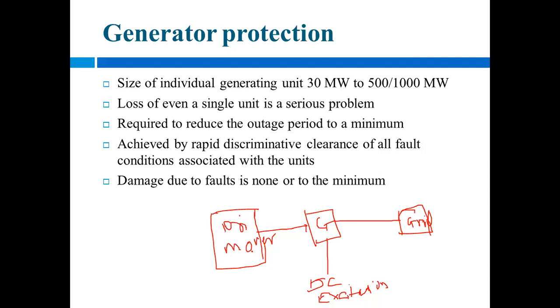According to that, our generating units also vary; we are switching them on and off. In the morning and evening, more generators are switched on, and in the afternoon some are switched off, so that there is no loss.